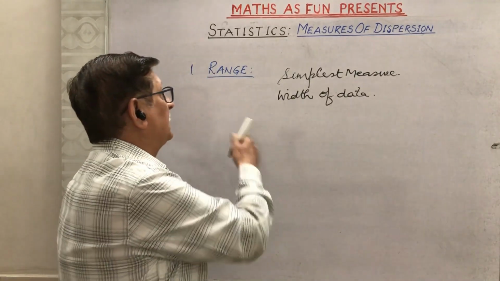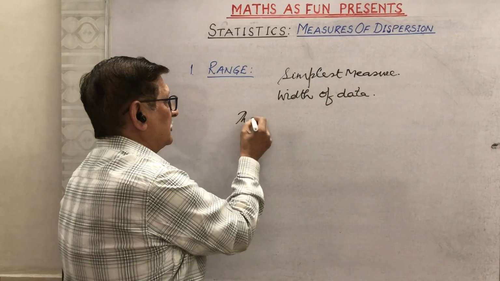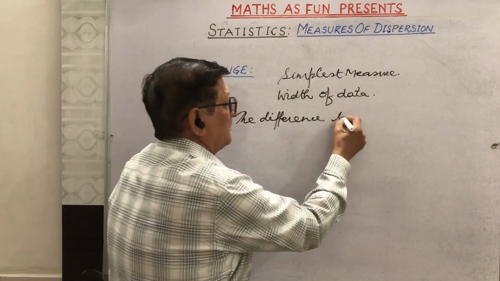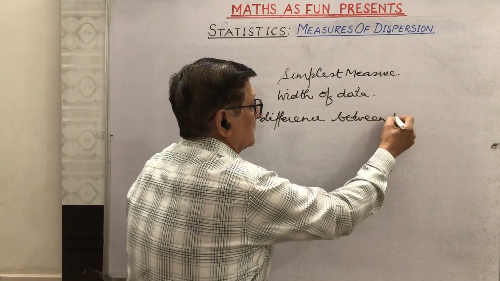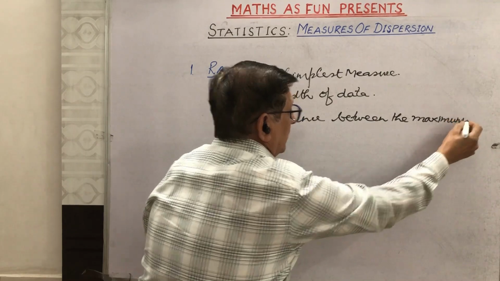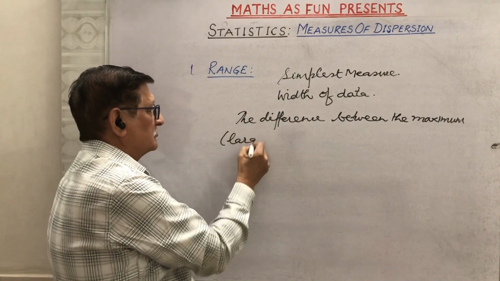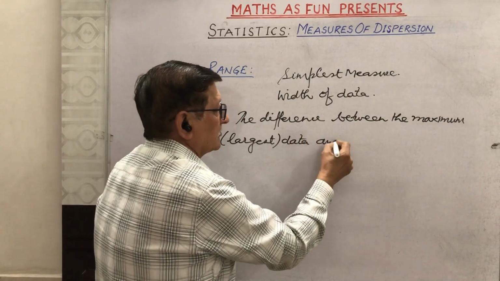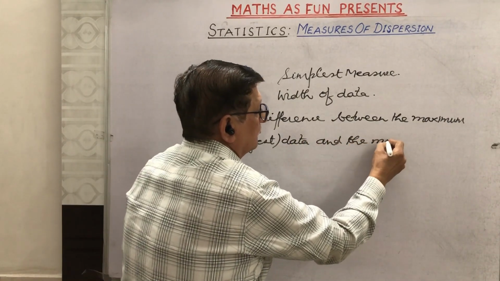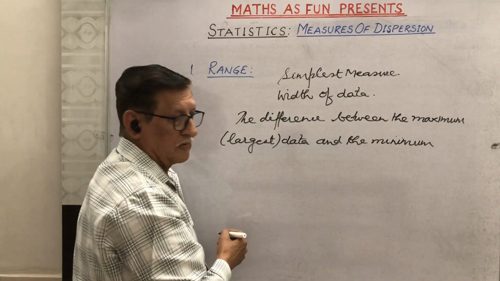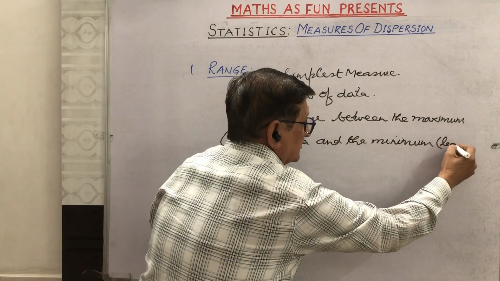We can define the range as the difference between the maximum, or we can say the largest data and the minimum or least data.